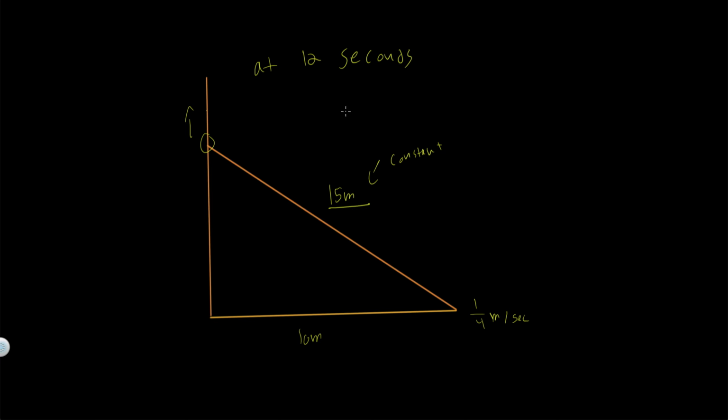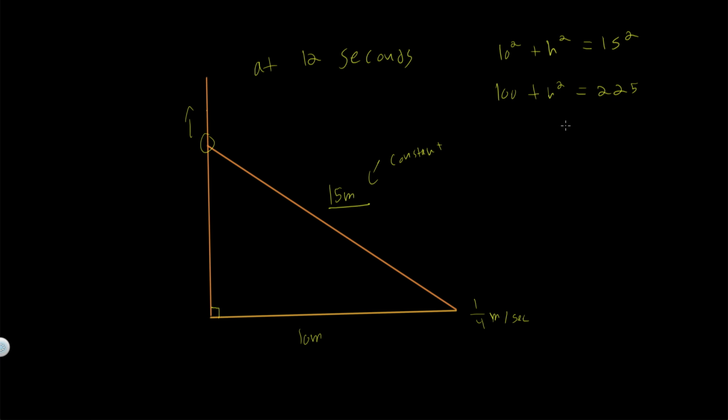So let's write the relationship that we know between these lengths using the Pythagorean theorem. We know that a squared plus b squared is equal to c squared. So in this case, we know that 10 squared plus the height, which we'll call h, squared, is equal to 15 squared. Now let's simplify this a bit. So we get 100 plus h squared is equal to 225.